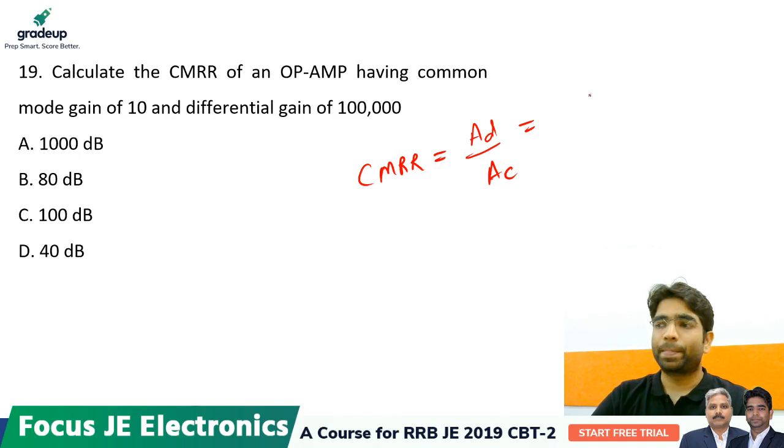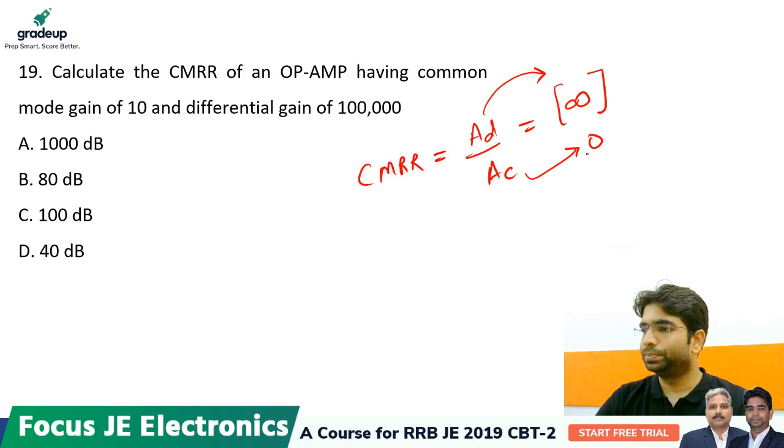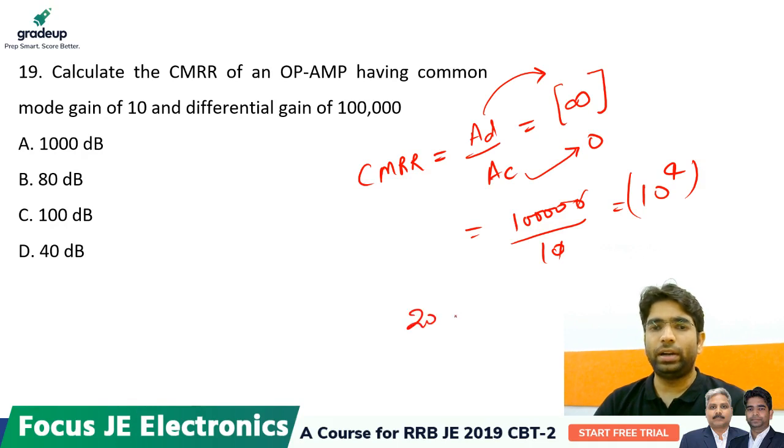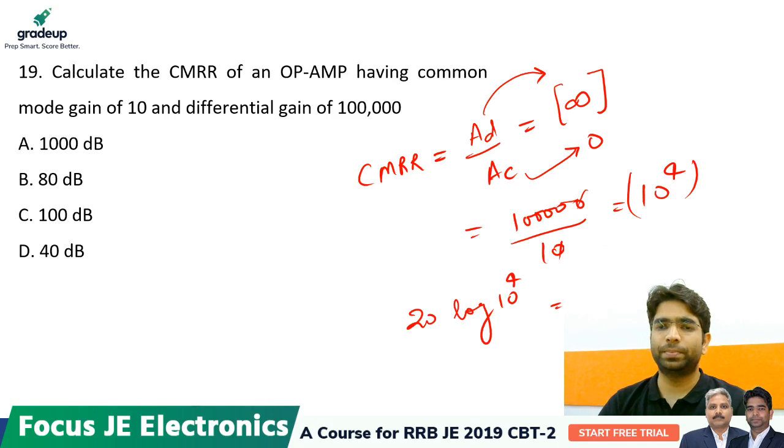Ideally speaking, my dear friends, it should be infinite, because ideally the differential mode gain should be infinite and common mode gain should be 0. But in this case the differential mode gain and common mode gain are given. The value is 10 raised to the power 4. So do 20 log 10 raised to the power 4. You will get 80 dBs.